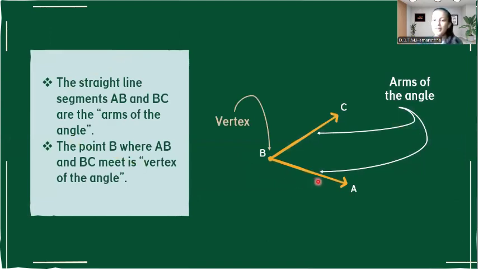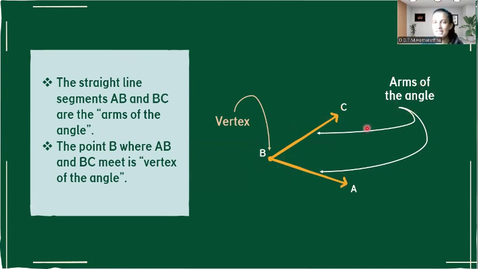Okay, when these two lines get together and meet at B, they form an angle. So we can identify and name these lines and points with different names. The two straight line segments, AB and BC, are named as arms of the angle.